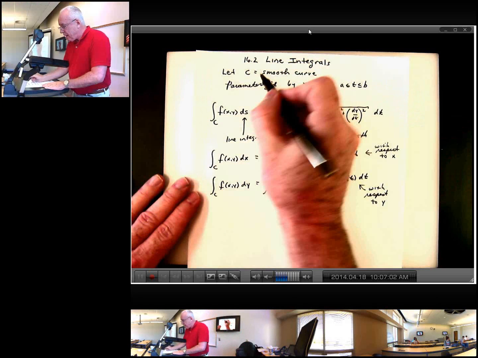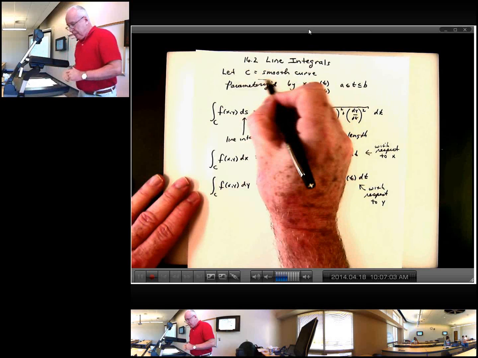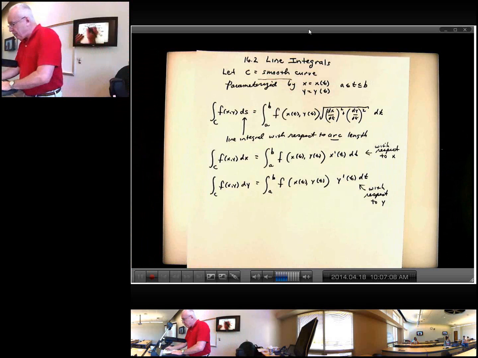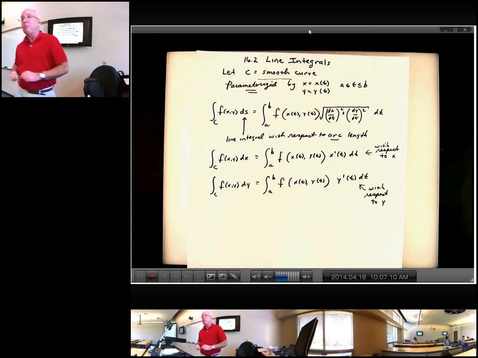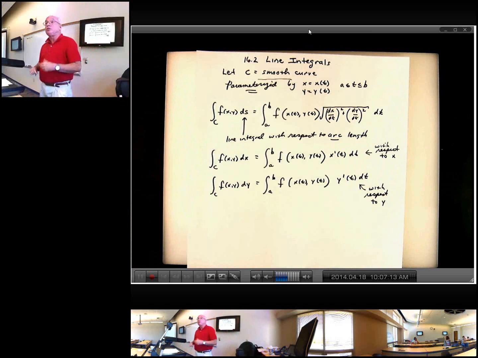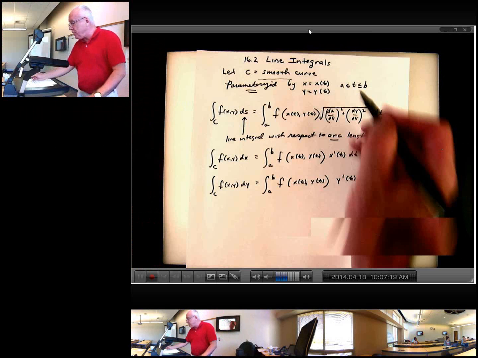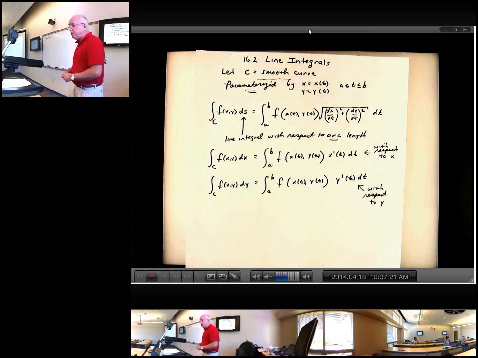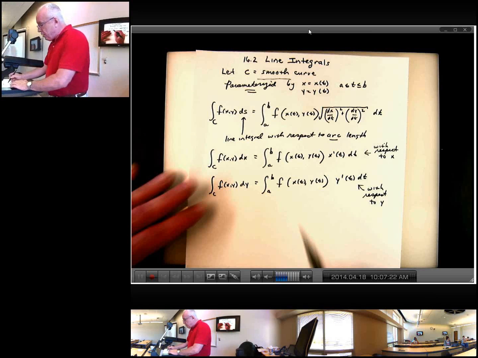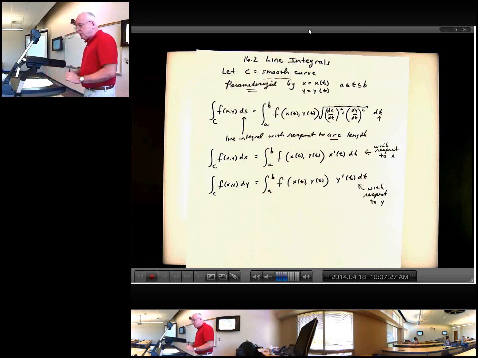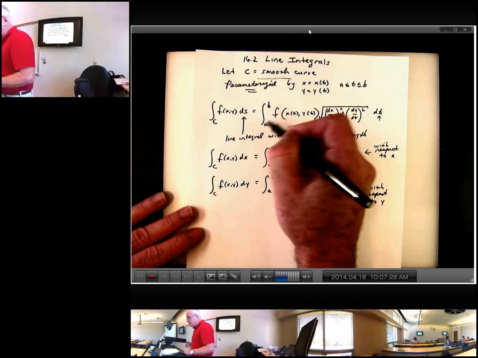The first thing we have to do, since we're integrating over a smooth curve, is parameterize the curve in order to evaluate the integral. So we have a parameterization of the curve with t going from some number to another number, and we integrate with respect to the parameter t from the lower number to the top number.